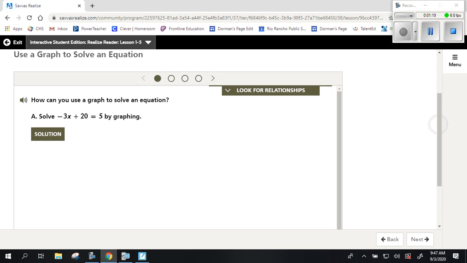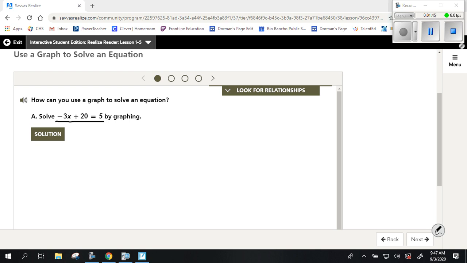So how would we use a graph to solve an equation? The first thing we need to do is take the equation we're trying to solve. Of course, you could subtract 20 from both sides and divide both sides by -3, and you would get your answer. But we're going to show you a different method, starting with graphing.